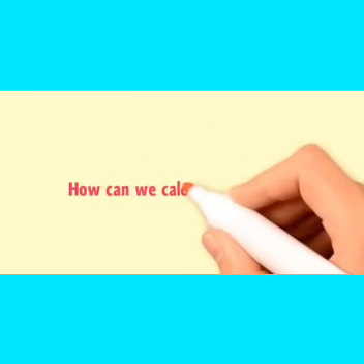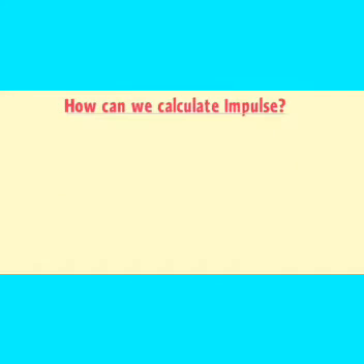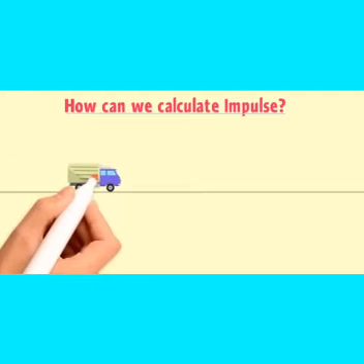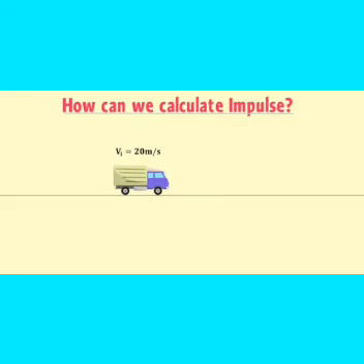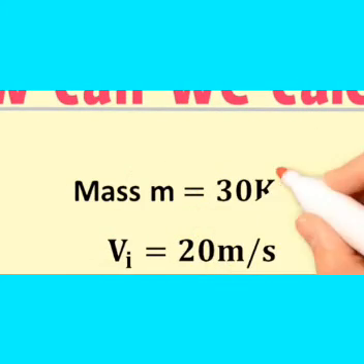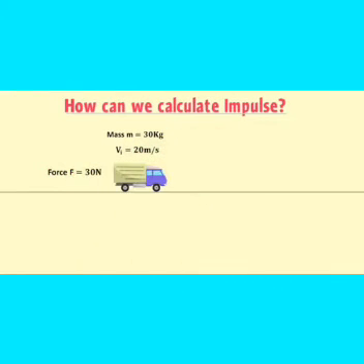Now let me teach you how we can calculate impulse in physics on an object. Suppose that an object is moving in this direction. Let the initial velocity of this object be Vi is equal to 20 meter per second and its mass m is equal to 30 kg. Now force F is equal to 30 Newton acts on this object for time t is equal to 5 seconds.